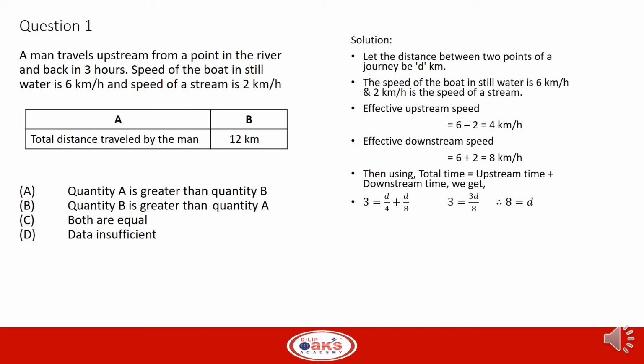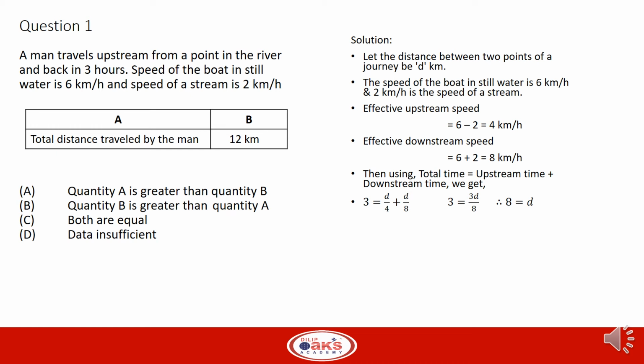So d is the distance between 2 points of a journey. 4 kilometers per hour is the upstream speed. So distance upon speed will give us the upstream time. So upstream time is d by 4. Similarly, d by 8: distance covered is d, downstream speed is 8, so d by 8 is the downstream time. So 3 is equal to d by 4 plus d by 8 is the mathematical equation formed.